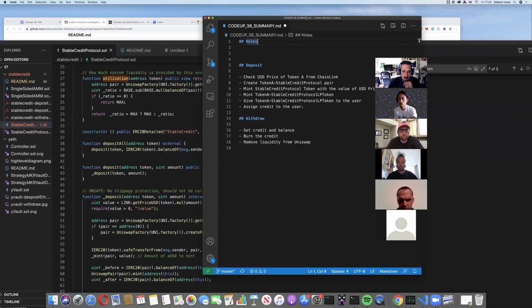It's little pools on their own, versus if all of them use the stable protocol, then they start scaling as much as there is liquidity available in the vaults. And since that's a cyclic loop, the bigger the vaults scale, the bigger the liquidity becomes, and the bigger the liquidity becomes, the bigger the vaults can become. It's a very positive feedback loop that gets created between these two systems.